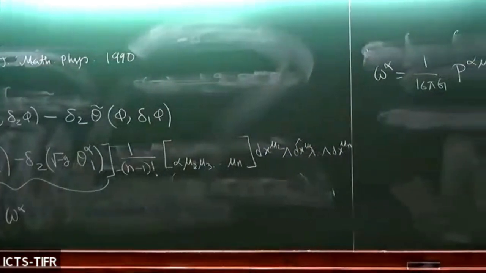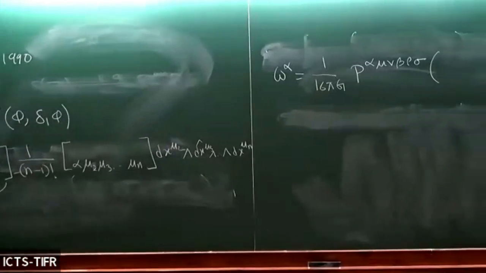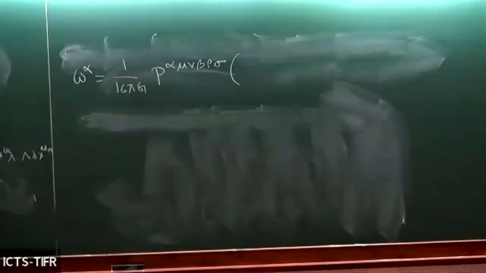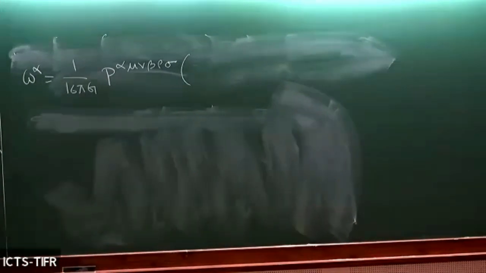The structure should be clear to you. Delta g into variation of delta g. Then there will be another structure, g grad of delta squared g. Delta squared means delta 1 into delta 2 or delta 2 and delta 1. That structure should be clear. So therefore, we will write that structure.